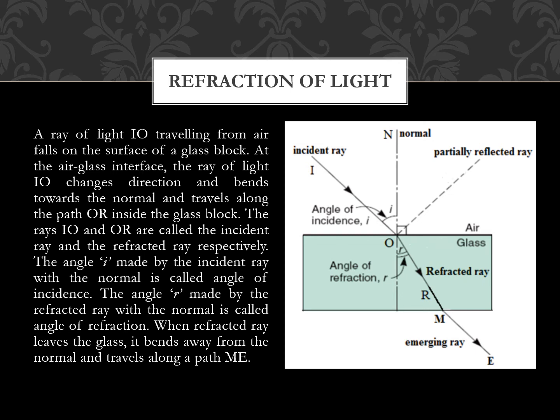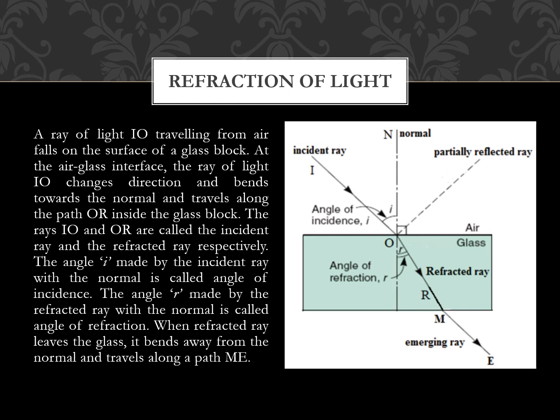It will bend towards the normal, and you can clearly see the difference between the angle formed inside the air and inside the glass. The angle between the incident ray and the normal is known as your angle of incidence, and you can see that the angle of incidence is greater as compared to the angle formed inside the glass, that is your angle of refraction.